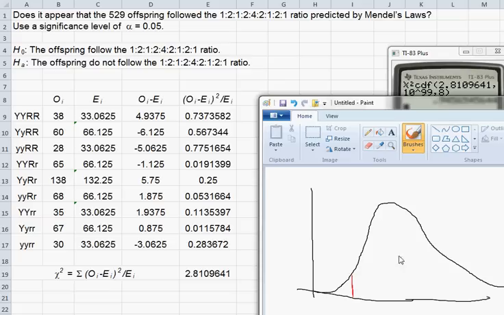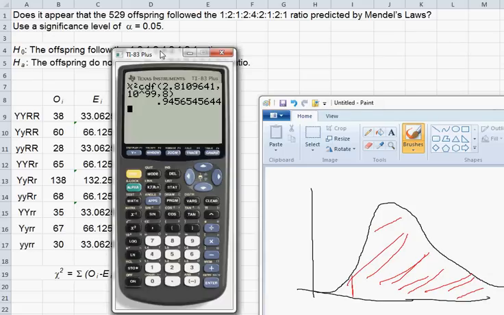If I find this area out here to the right, it would be what we just computed, 0.9456, something that's less than 1. So one way of concluding is that this p-value is larger than alpha. 0.945 is significantly larger than 0.05, and so we choose to retain the null hypothesis.